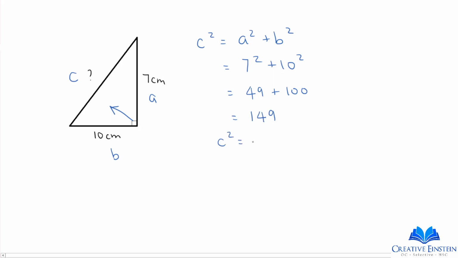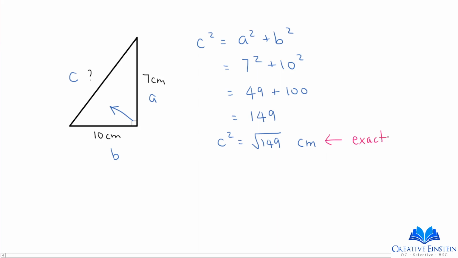So c squared equals 149, so c equals the square root of 149. And you can actually just leave it like that, because that is the exact answer. Oh, I shouldn't write units actually, because I know the units. The units are centimeters. So cm. And that is actually your exact answer.